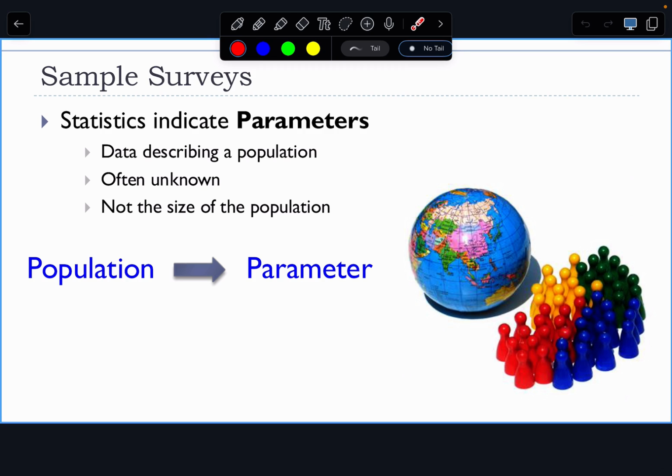So like we said, in most instances in the real world, I cannot collect the information from my entire population, which means my true parameter value is almost always going to be unknown. I don't know what the true average height for students at this school is, but I can go out and gather a sample easily enough, use that sample to calculate a statistic, which allows me then to estimate what that true value would be.